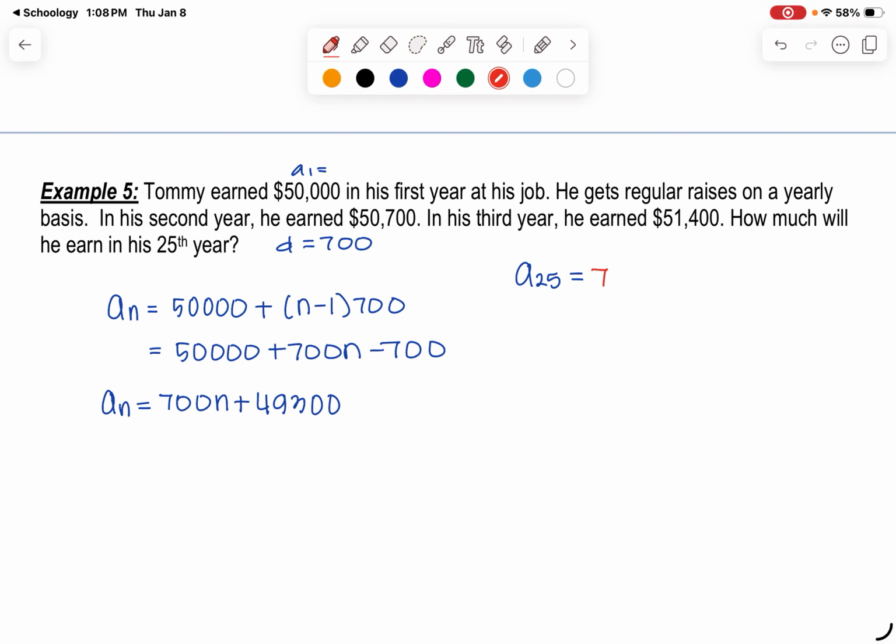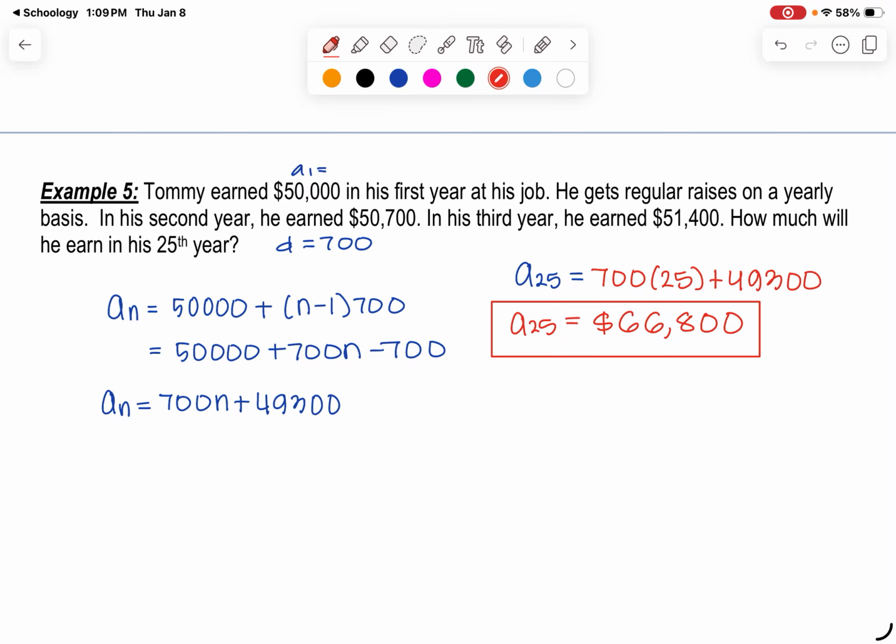So we're going to do 700 times 25 plus 49,300. Pop that into your calculator, and after working there for 25 years, his salary is going to be $66,800. Leave, Tommy. You're not appreciated.